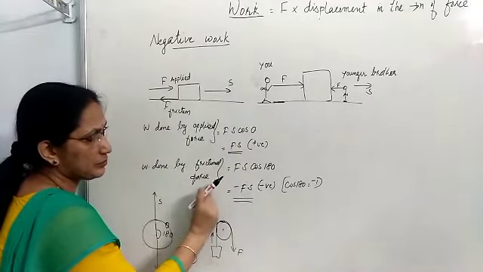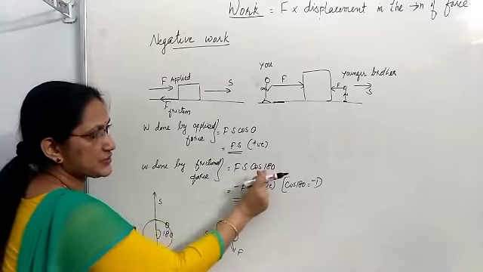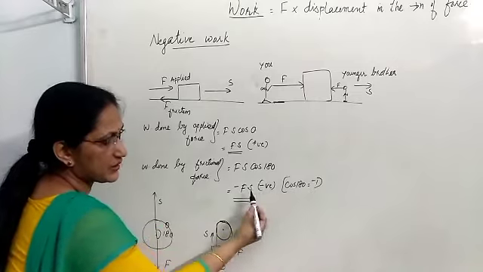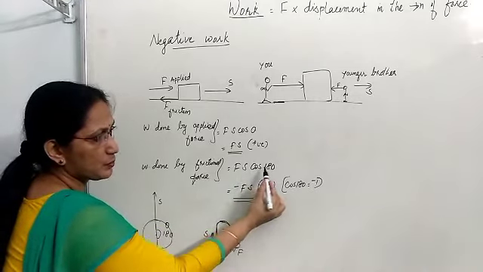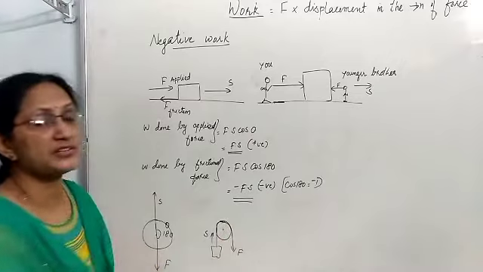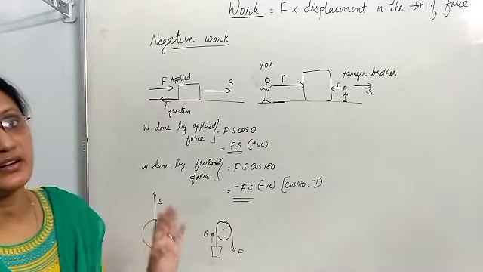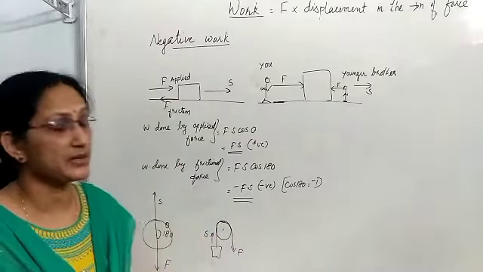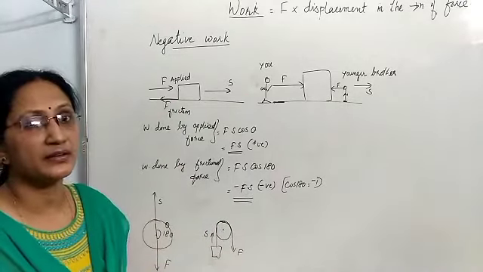So work done by frictional force is Fs cos theta. The theta value is 180. Cos 180 is minus 1. So F into S into minus 1, that is minus F into S. It means negative work is done. So work done is negative if the angle between the force and displacement is 180 degrees.